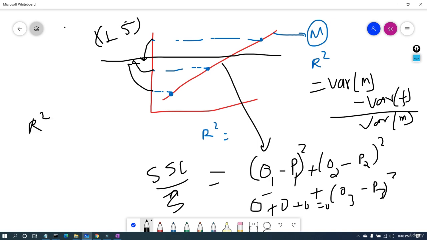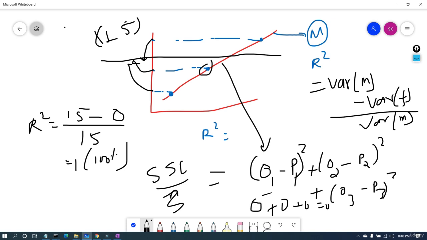R square will be the variance of the mean, which is 15, minus the variance of the fit, which came as 0, divided by again the variance of the mean, which is 15. So 15 divided by 15 is 1, which is 100% accuracy. We can see this directly from here, because our model is perfectly predicting all of these observed values. So that is 100% accuracy.